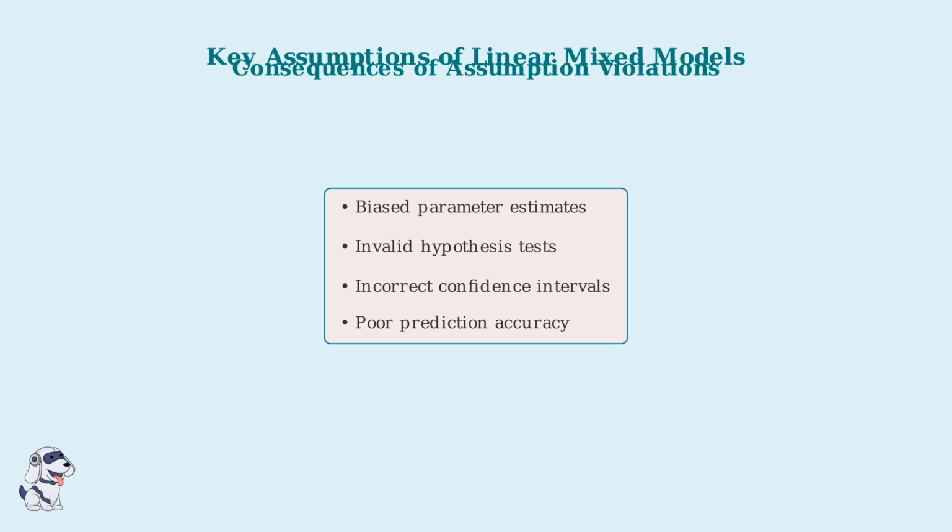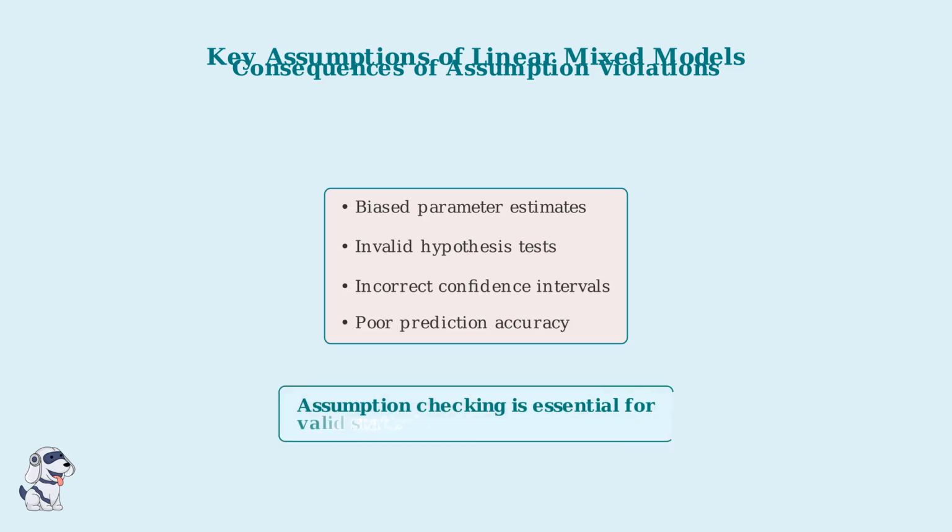Violations may lead to biased parameter estimates, invalid hypothesis tests, incorrect confidence intervals, and poor prediction accuracy. Therefore, assumption checking is a critical step in any mixed model analysis. Regular assumption checking using diagnostic plots and statistical tests is essential for ensuring the reliability and validity of linear mixed model results. This forms the foundation for trustworthy statistical inference.